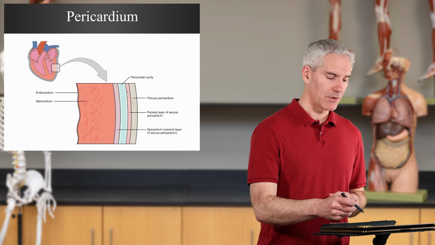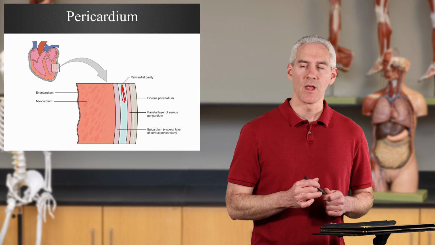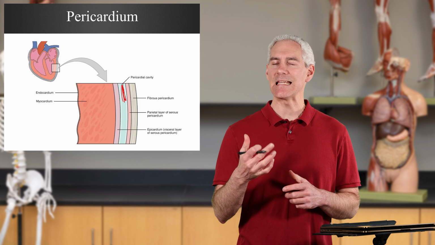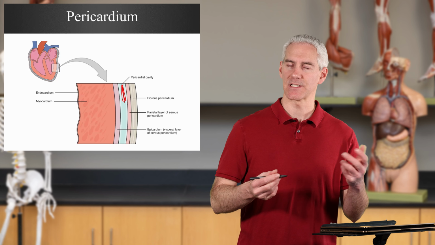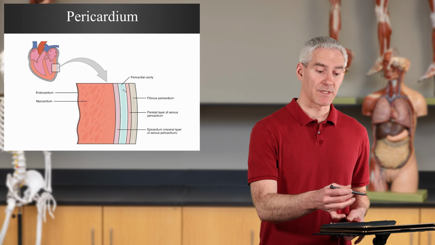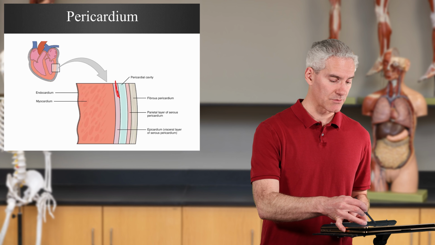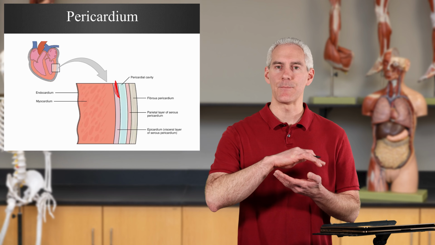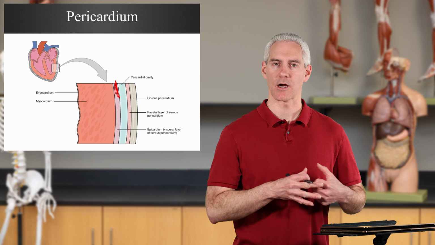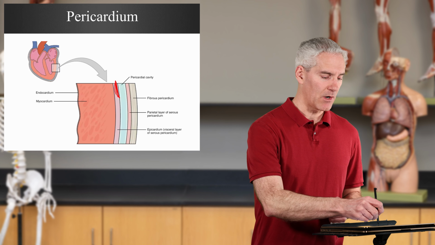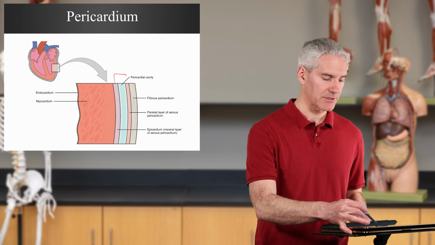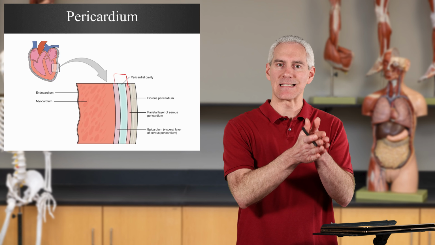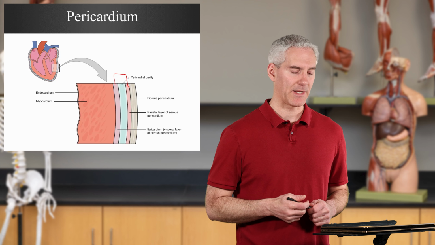Then beyond that, you'll notice the pericardial cavity. The pericardial cavity is what is fluid filled. It's in between the parietal and the visceral layers, which leaves the visceral layer, which is right here, also known as the epicardium. It's the most external layer of the actual heart itself. So you have the two layers of the pericardium, the visceral and parietal layer, enclosed inside of it, having that liquid, that pericardial cavity.